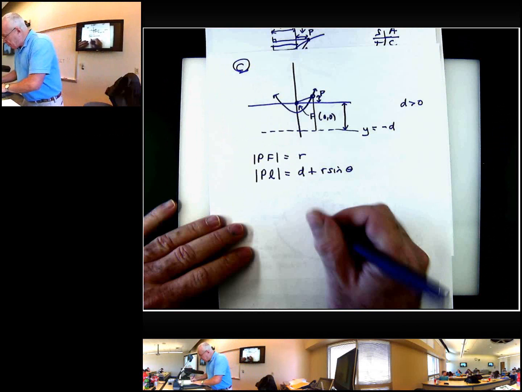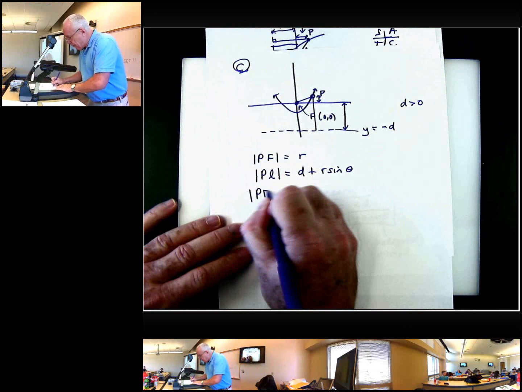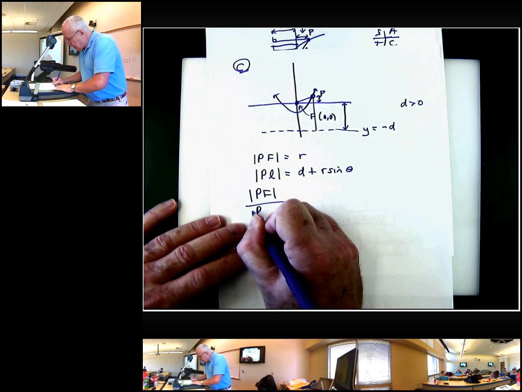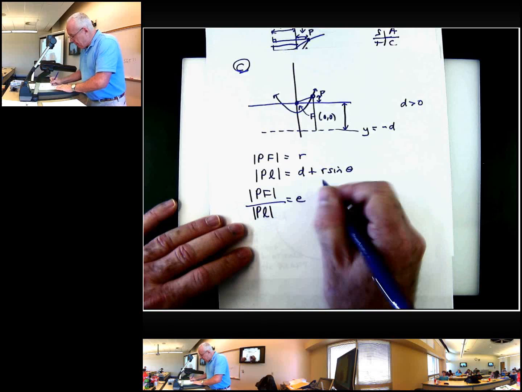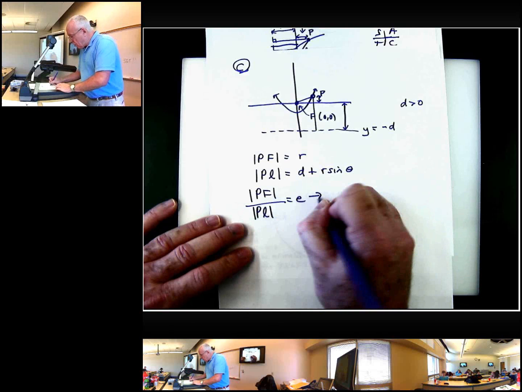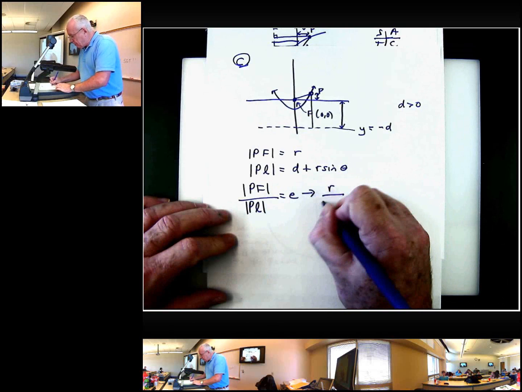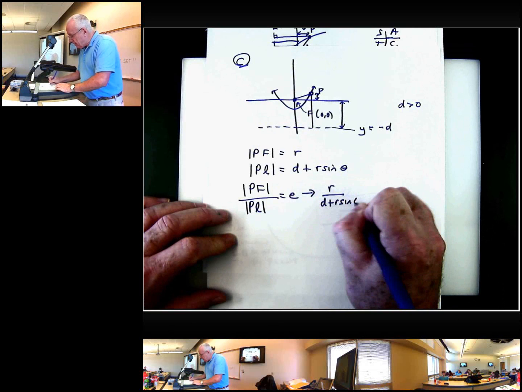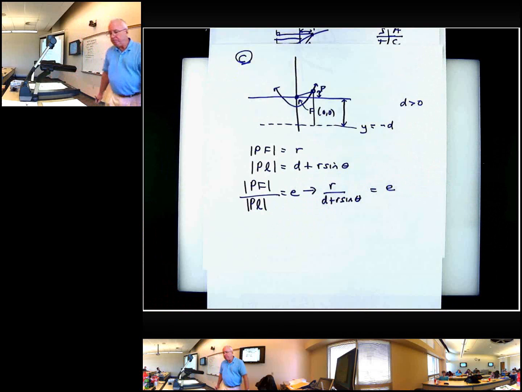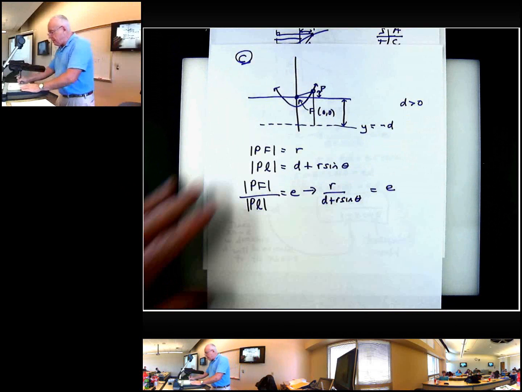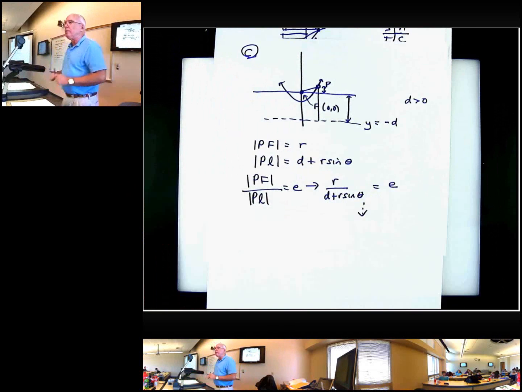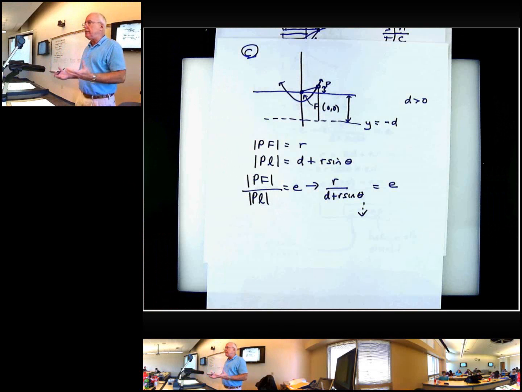So let's apply the formula PF over PL equals E. That gives us R over D plus R sine of theta equals E. I'll spare you those couple of algebra steps; it's just like the algebra steps I did in the first two cases.